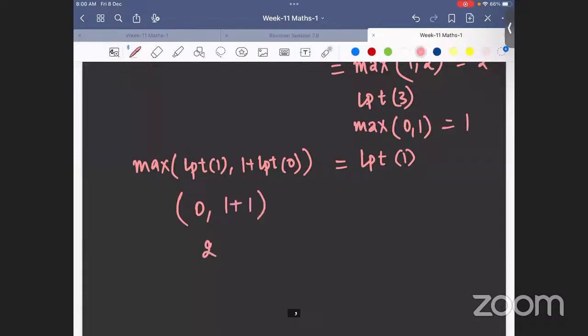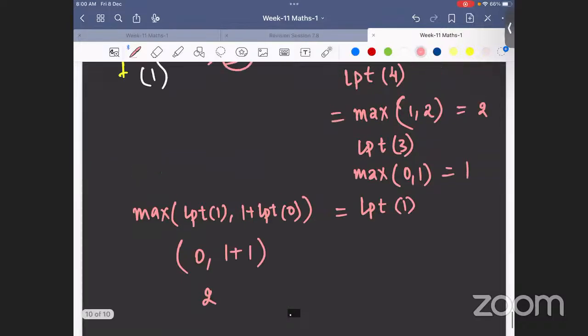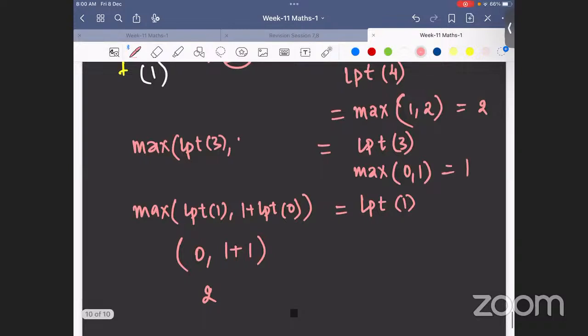I guess it should be 2. Sir, in 3 also it should be 2. Yes, sir. Okay, let's check it. Maximum of 0, comma 1 plus LPT of 0. This is 0, comma 2. So this should also be 2, right? Yes, sir. Got it, sir.